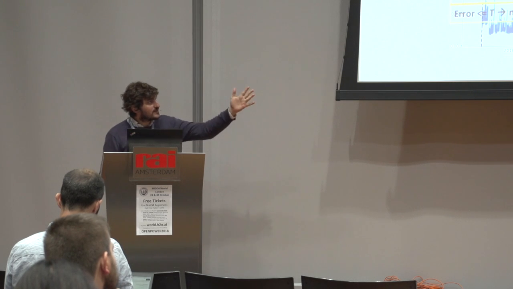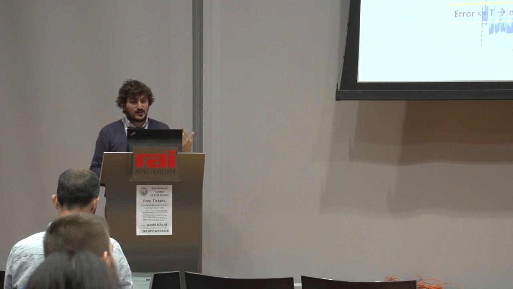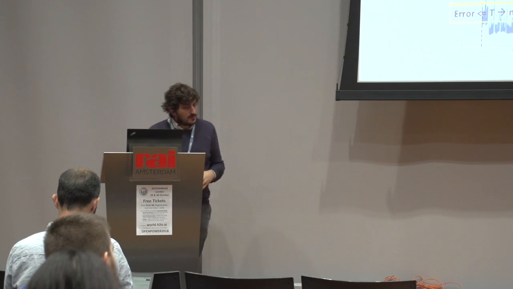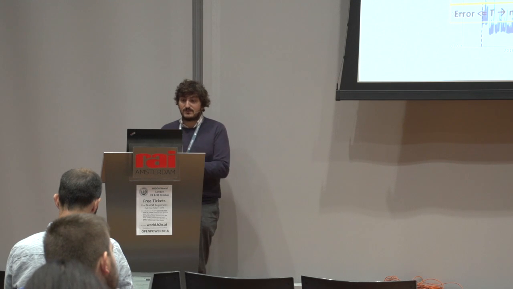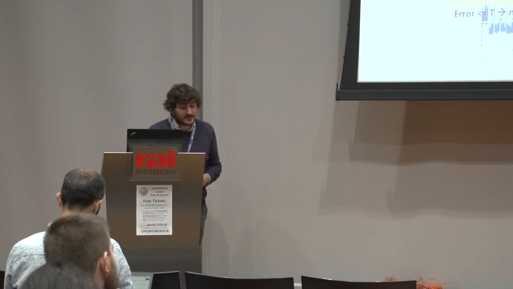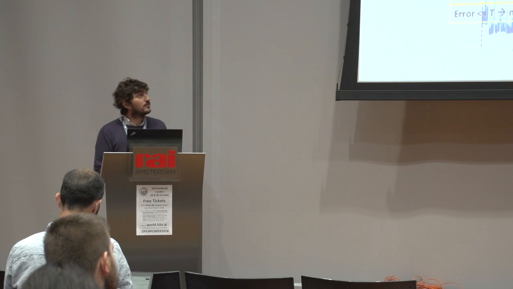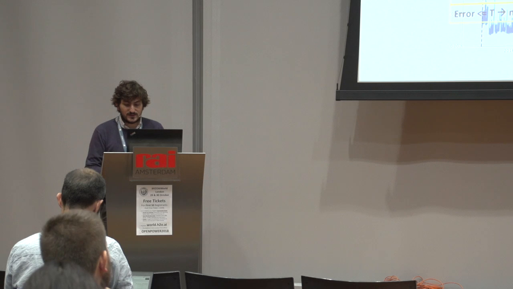If the system is behaving correctly, I have a really low residual, but if I inject faults, I can see that the model is no longer capable of representing the truth of the system because the system is behaving differently, and I can easily recognize that the system is not behaving in the proper conditions. So I can have an automatic flag for anomalies which are happening in the system.